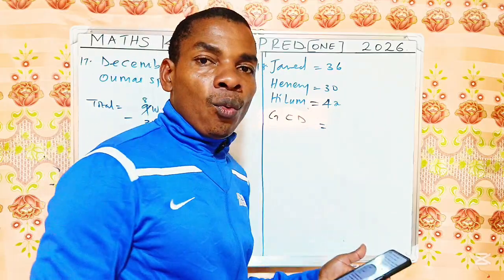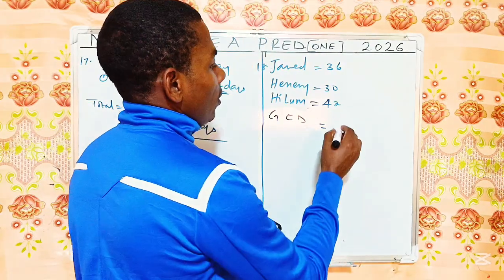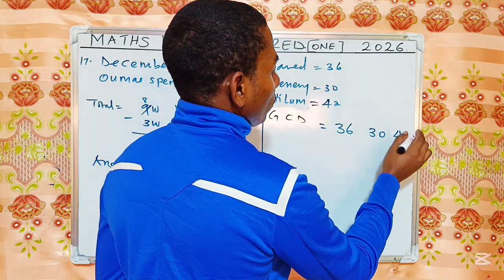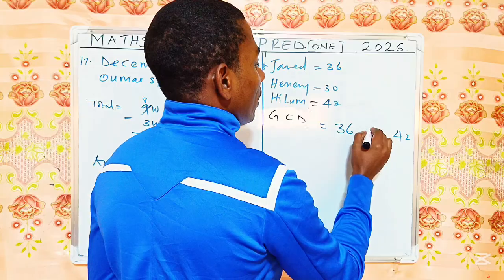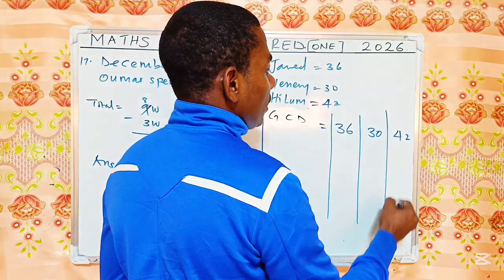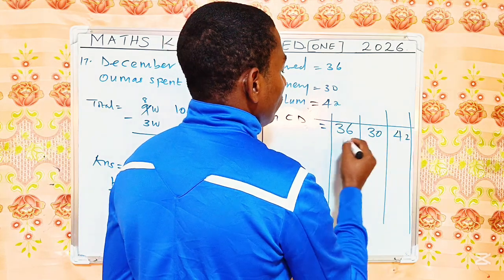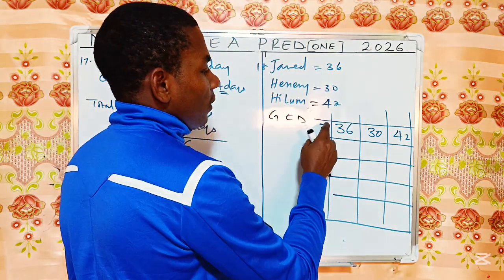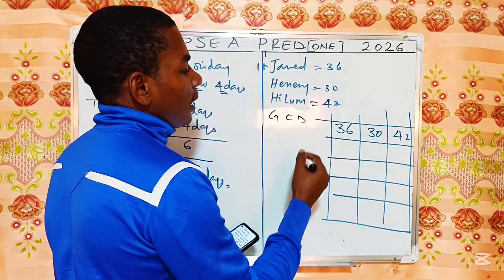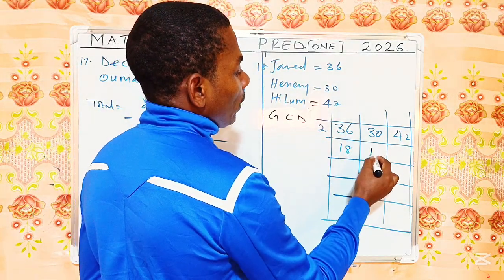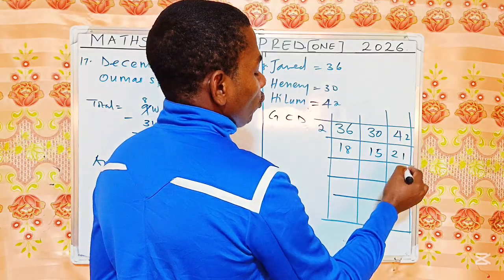So let's now work out the GCD of 36, 30, and 42. Let's look for the smallest number that can divide these numbers without a remainder. Let's start with 2: here we get 18, here 15, here 21.